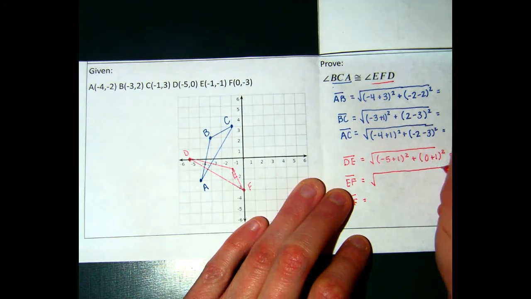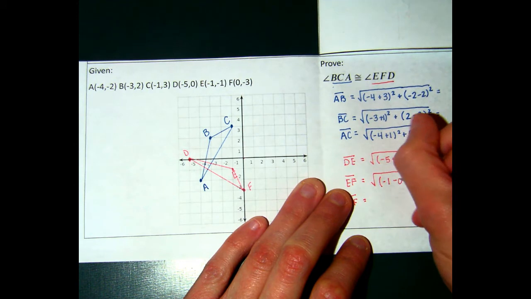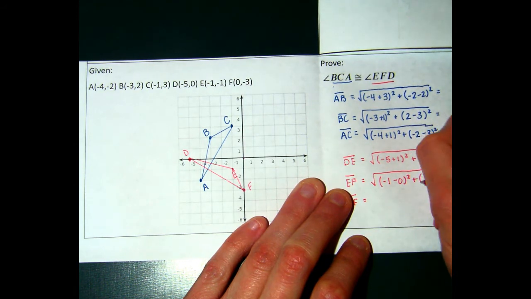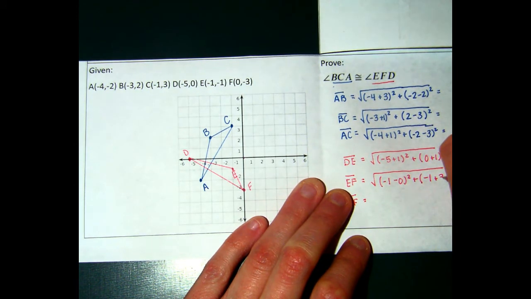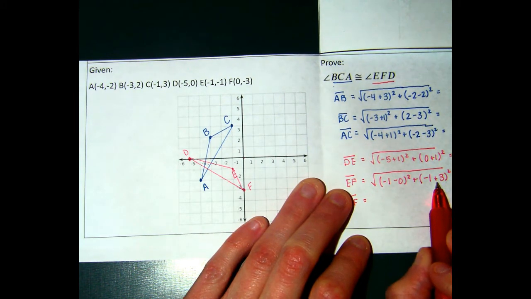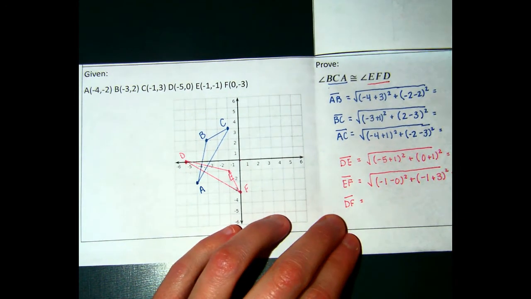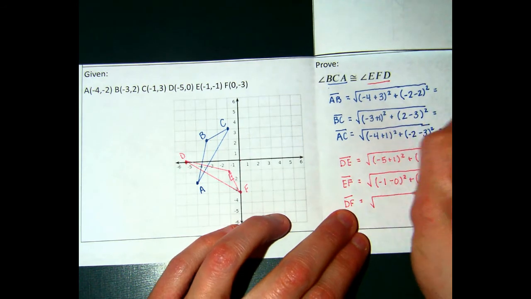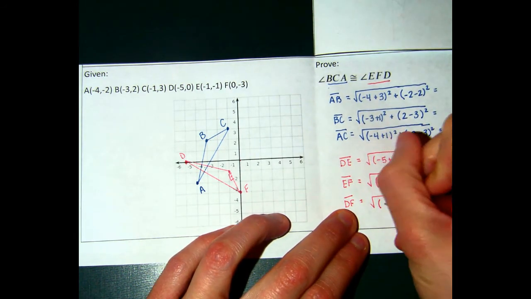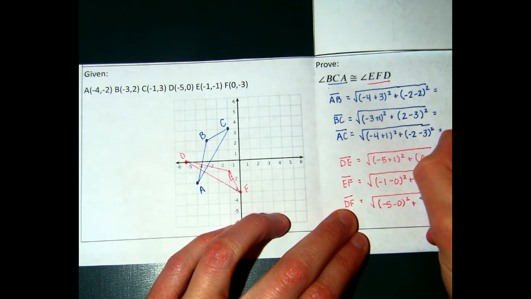And EF is negative 1 minus 0 squared plus negative 1 plus 3 squared. Remember, the formula is minus. I'm only putting plus because it was a negative value there. Draw my straight edge. Alright, so DF then, negative 5 minus 0 squared plus 0 plus 3 squared.